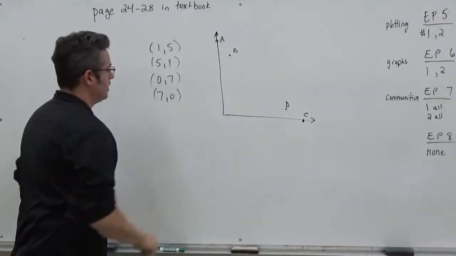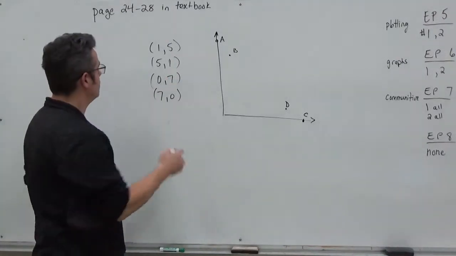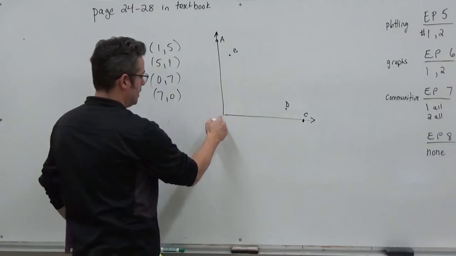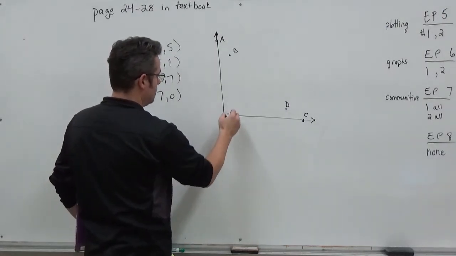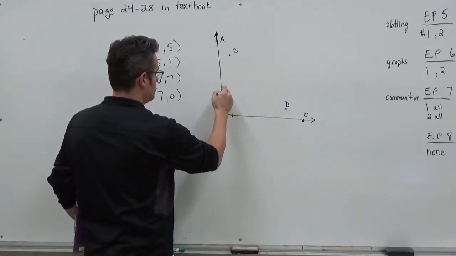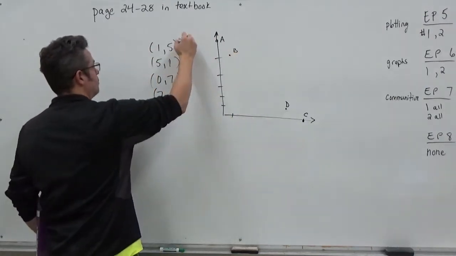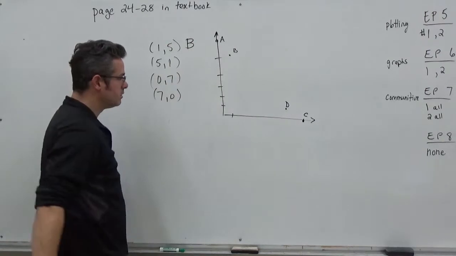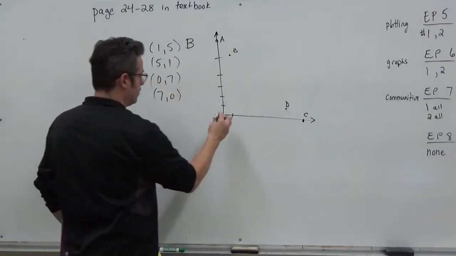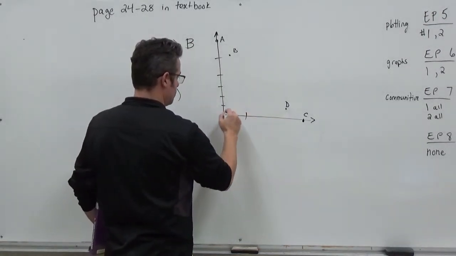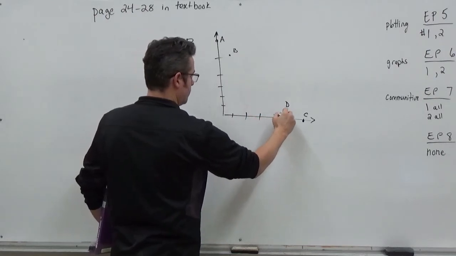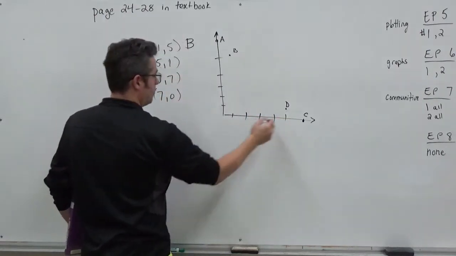But when we look over here, we would say, okay, (1, 5). That means I'm moving over 1 and up 5. 1, 2, 3, 4, 5. So this one would be B. Here I'm going over 5, so 1, 2, 3, 4, 5, and up 1.